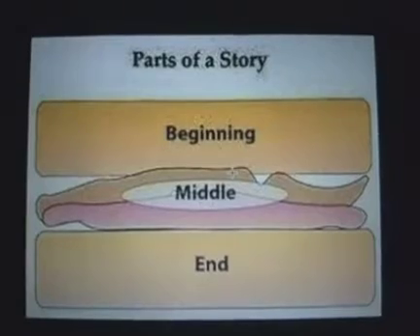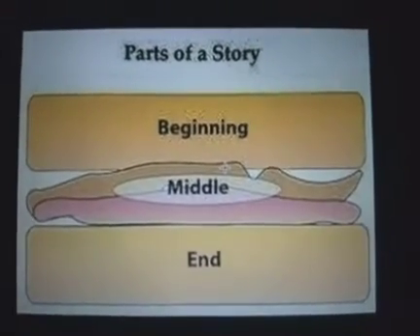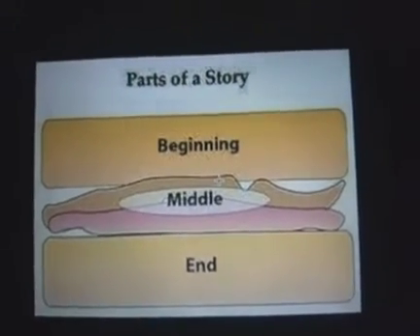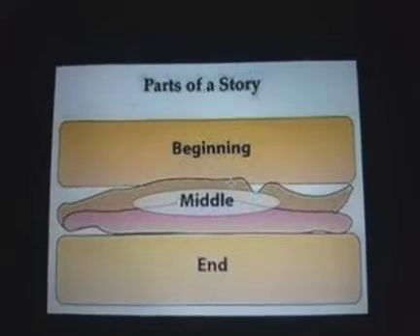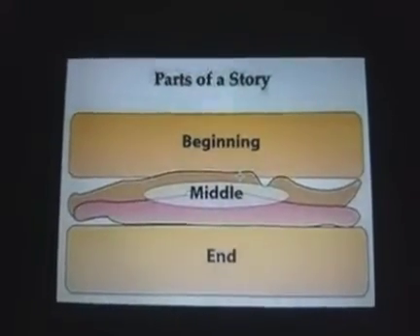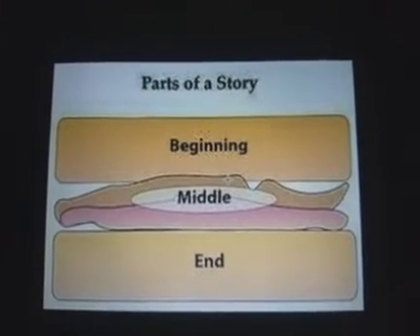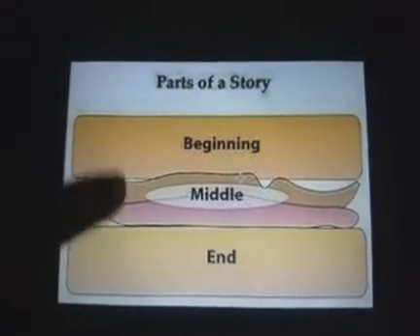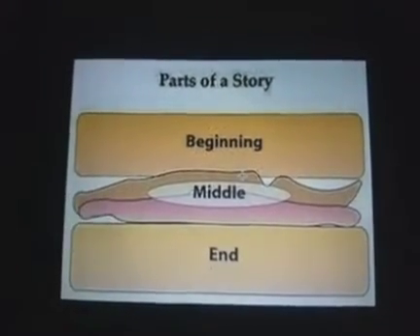Remember these three parts of a story with the help of a sandwich. You all eat sandwich. So what happens in a sandwich? You have two slices of bread, and then you have some filling in between. Some veggies or some mayonnaise and butter. Where do you put it? At the top of the sandwich or in the middle of the sandwich?